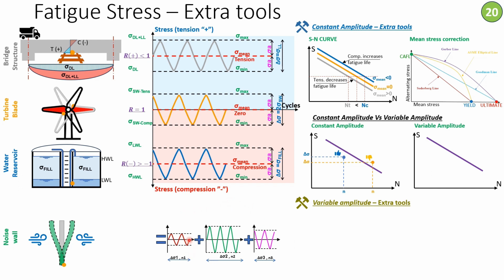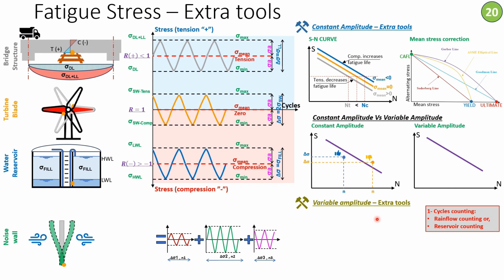To do that, we need an extra tool called cycle counting. There are two methods: rainflow counting or reservoir counting. Rainflow counting is more suitable for computer applications. Reservoir counting is more suitable for manual application.